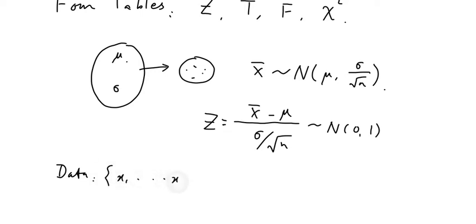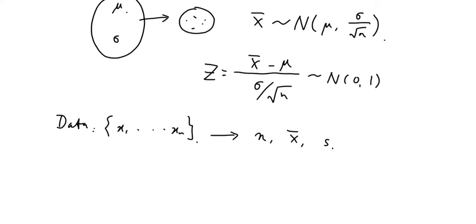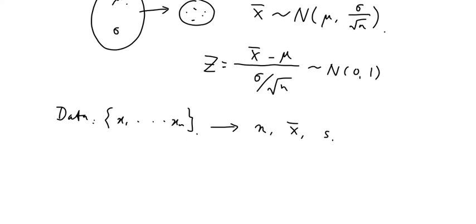From the data, we can get the sample size and sample mean, but we don't know sigma. We can only get the sample standard deviation s. So sometimes we need to replace sigma by s.